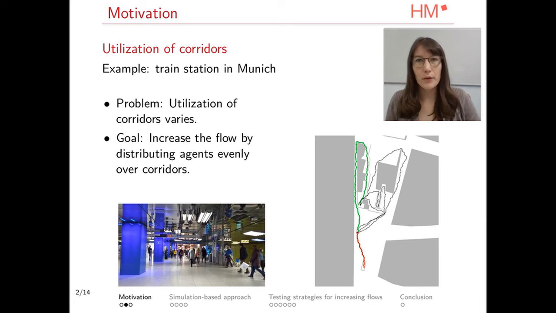More people use the shortest route, that is the route marked in red, than, for example, a longer route like the green route. So the idea is to increase the flows by distributing the pedestrians over these different routes, over these different corridors.